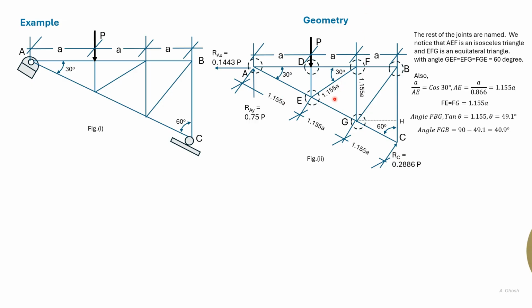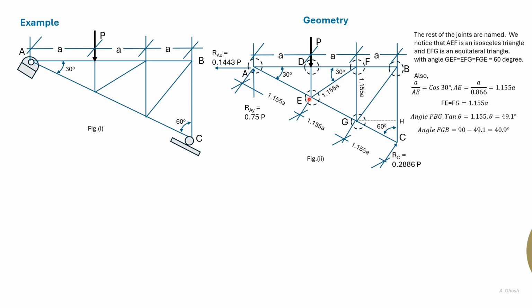This means that EF is also 1.155 A. Now, BEF is 60 degrees. This angle is also 60 degrees. So then FEG is 60 degrees. Now this angle is 90.